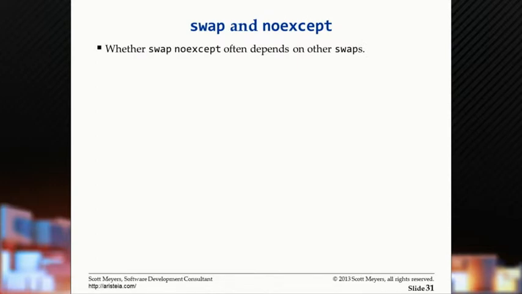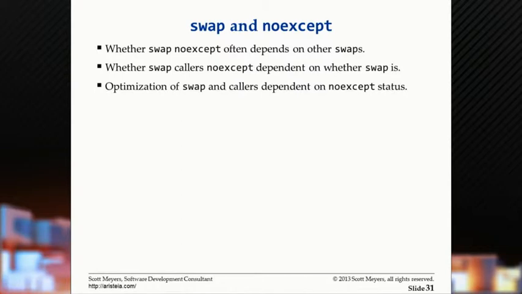This is important because whether swap is noexcept often depends on other swaps, as we've just seen, and whether the callers of swap can be noexcept depends on whether swap is. And the optimization of the swap function itself, as well as the callers of swap, are dependent on their noexcept status.